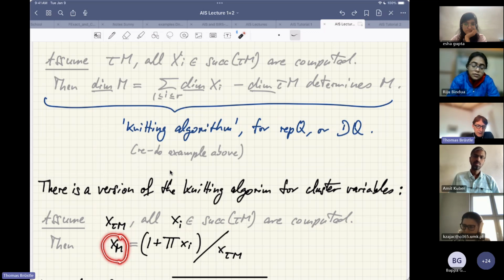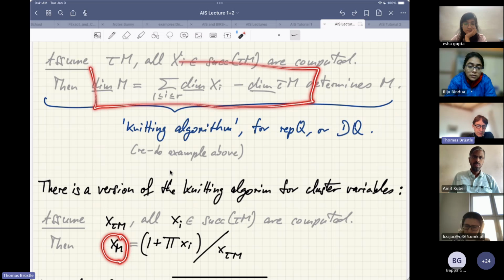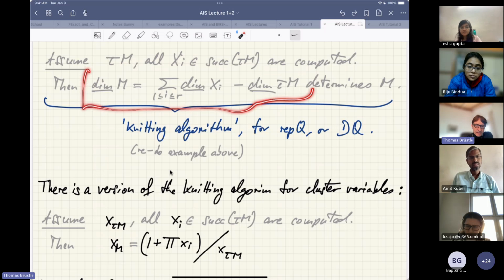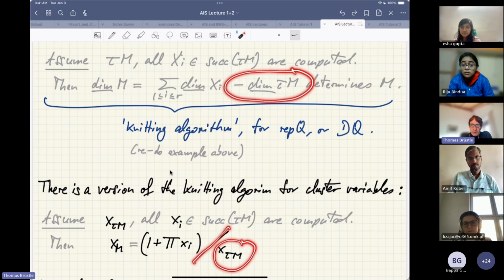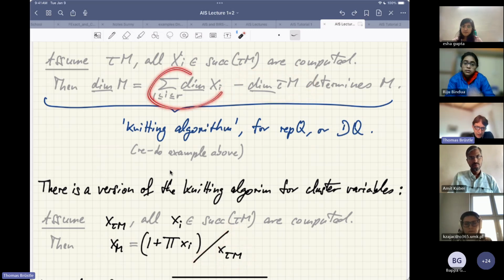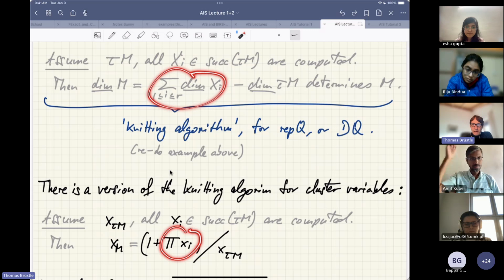This should be given similar to the formula that we had above here. Just the formula above is an additive formula, and we have to translate this into a multiplicative notation. So instead of subtracting the dimension of tau m, we divide by the variable corresponding to tau m. You see what we do? And instead of this sum here, we take a product over the xi.